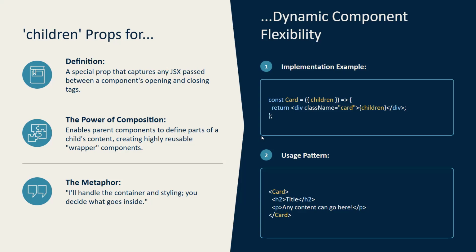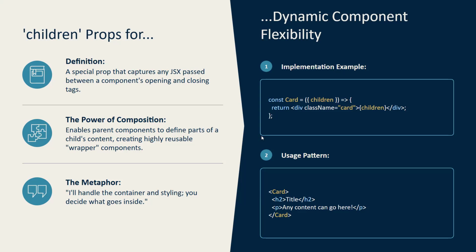The children prop is powerful because it enables composition. In other words, the parent component can define parts of the child component's content, which is why the children prop is so useful for building reusable wrapper components.